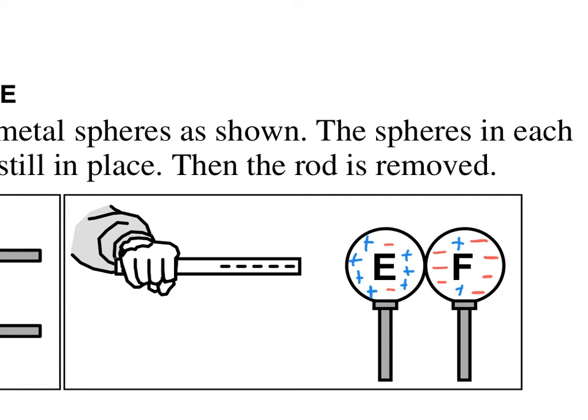It's not likely that you would totally make one all negative and the other positive. It's possible. That would be the most you could expect, that F becomes totally negative and E becomes totally positive. But that wouldn't be very illustrative about the way that a charge distribution changes because of induction.